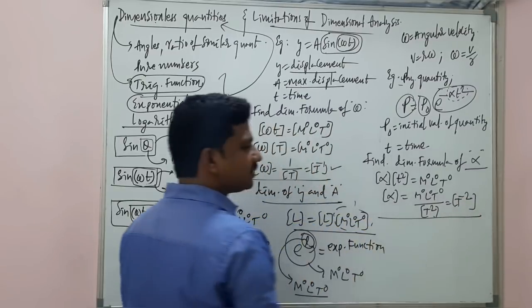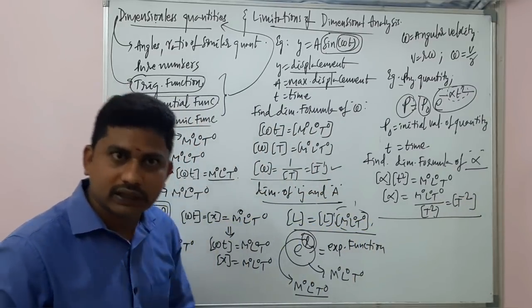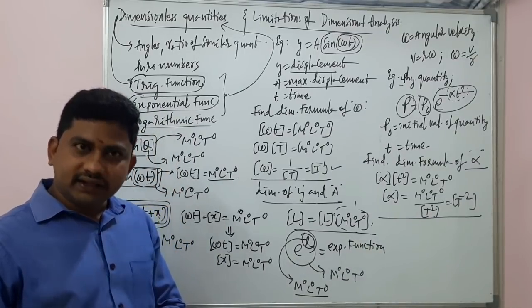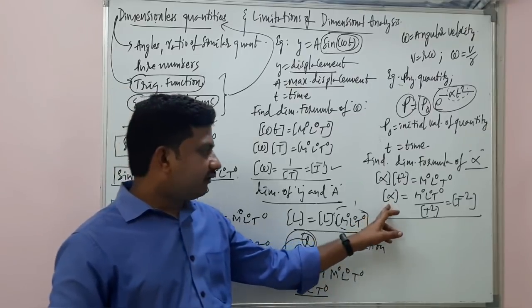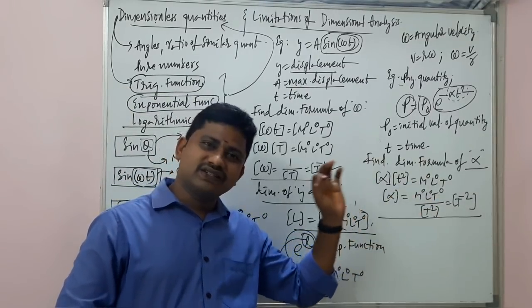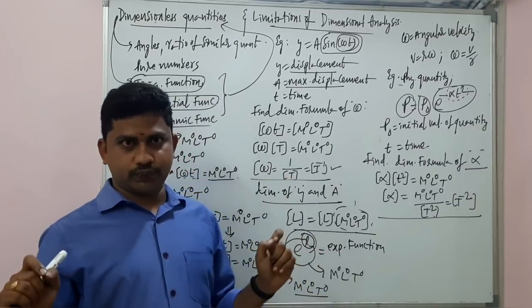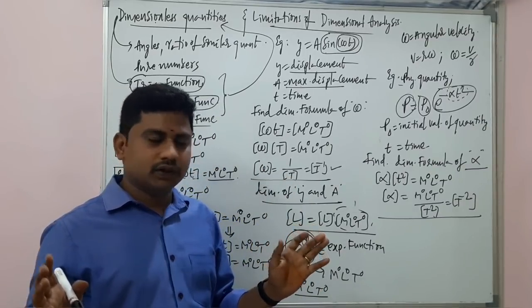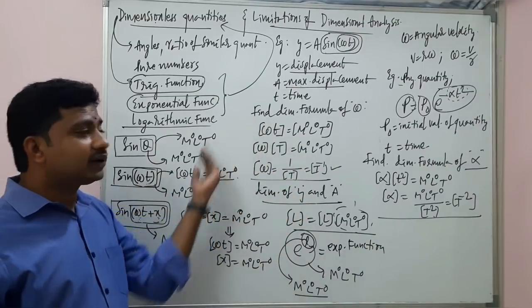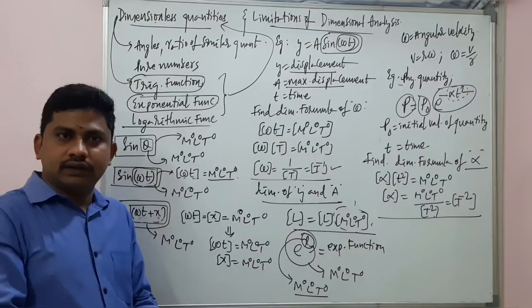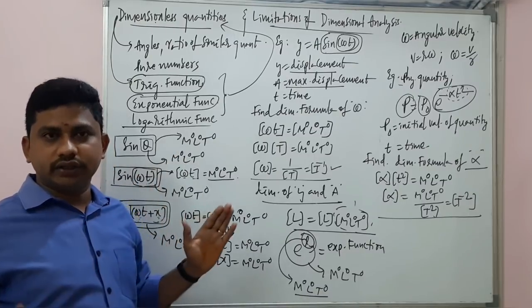Alright, this is the dimension of alpha. Clear? I hope you understand the topic. So your alpha will be t raised to minus 2. Same way for logarithmic functions also. So this is how the numericals and the concepts will be discussed. I hope you got the point.